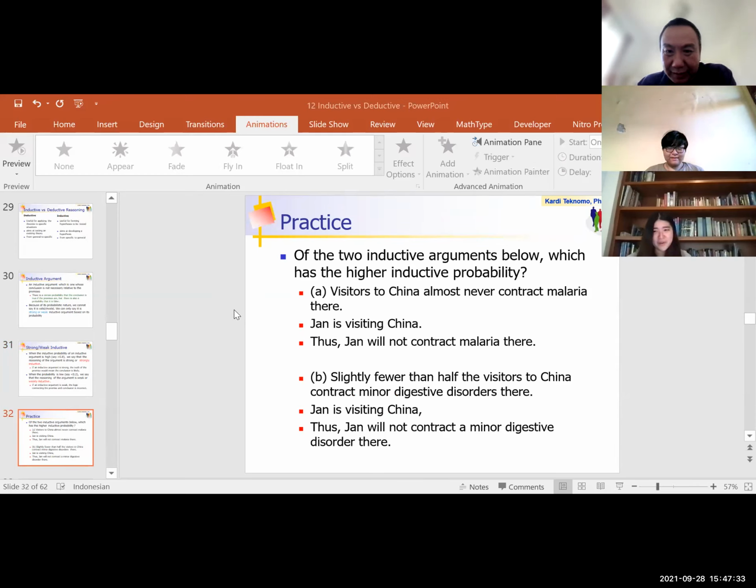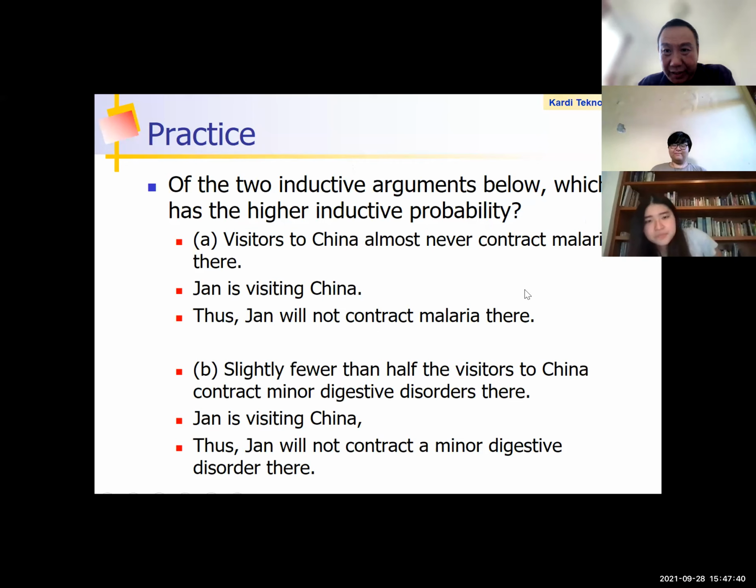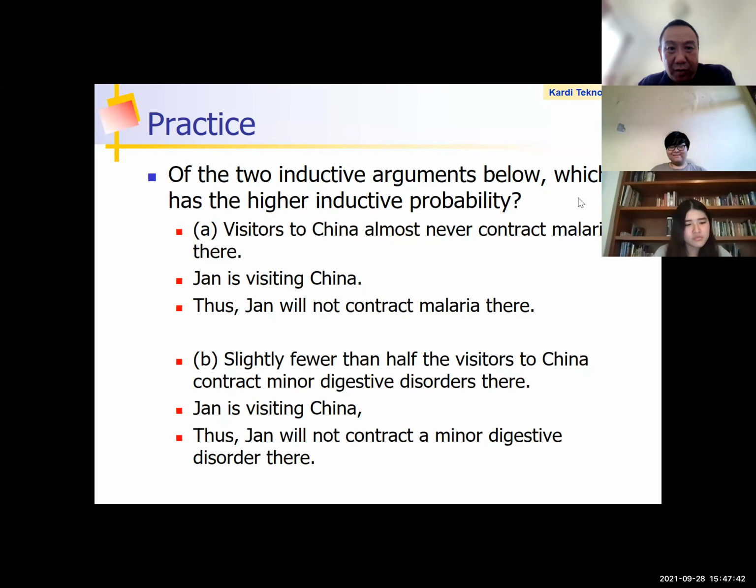So let's practice. The question is this: of the two inductive arguments below, which has the higher inductive probability, A or B? In A, visitors to China almost never contract malaria there.